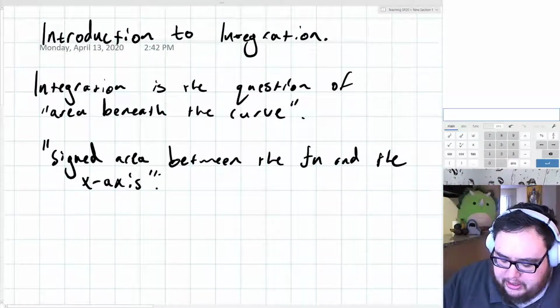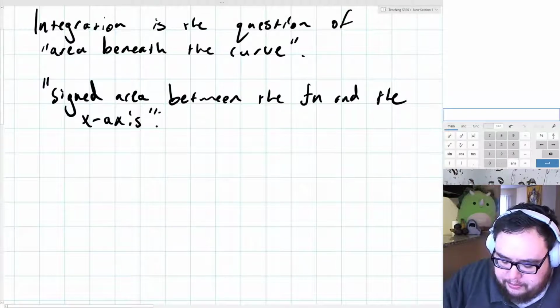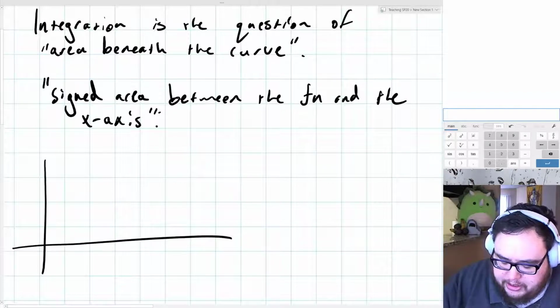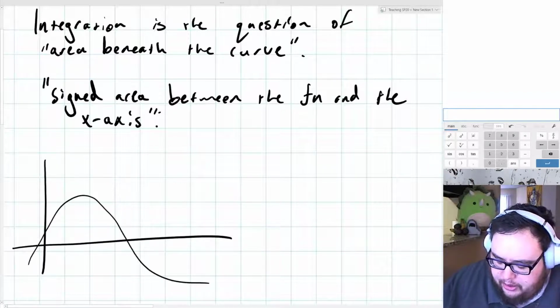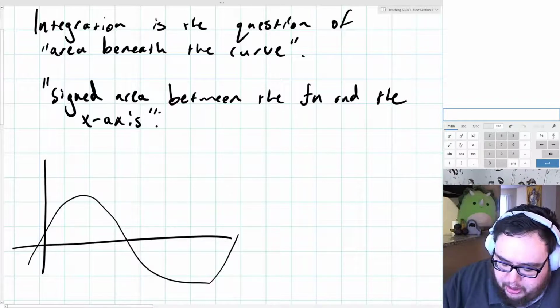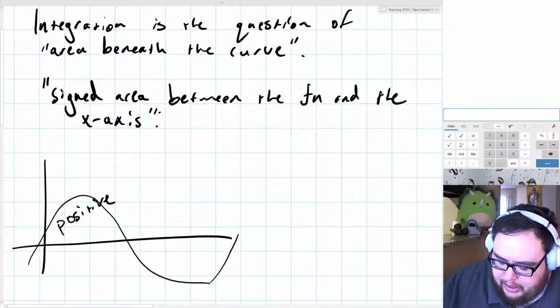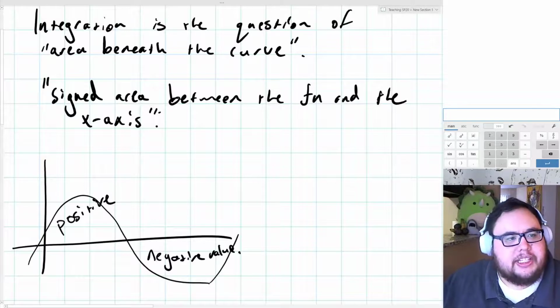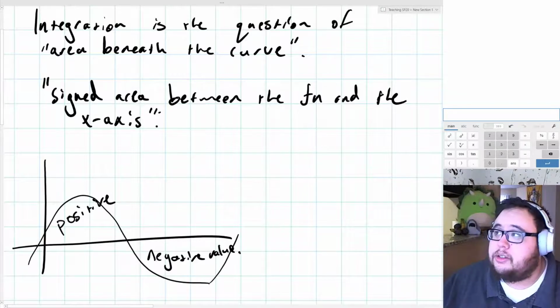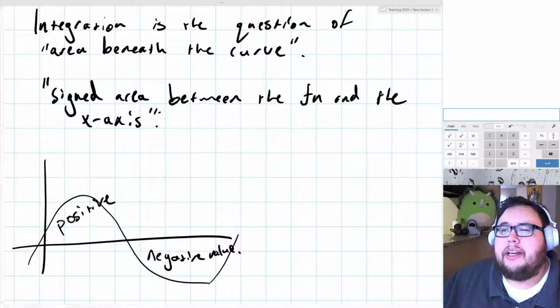By that, what I mean is that a signed area basically means that if your area is above the axis, this is a positive area. But any area below the x-axis gives you a negative value. I may have actively said during the optimization unit at some point that there's no such thing as a negative area, and there still isn't really such a thing as a negative area.